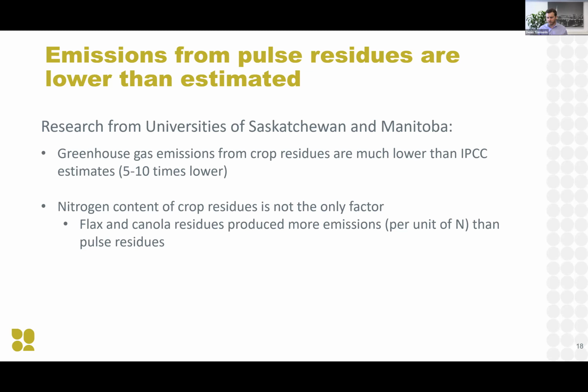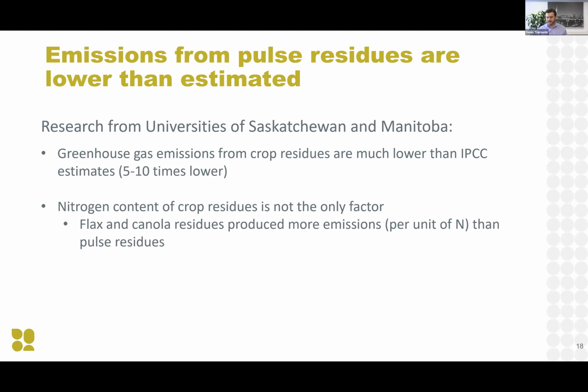What was found is that, at the end of the day, nitrogen content of those crop residues is not the only factor. There are other factors in play when it comes to the quality of that residue and why it produces more or less emissions. That was reflected in this study with pulse residues versus other cereal and oilseed residues.